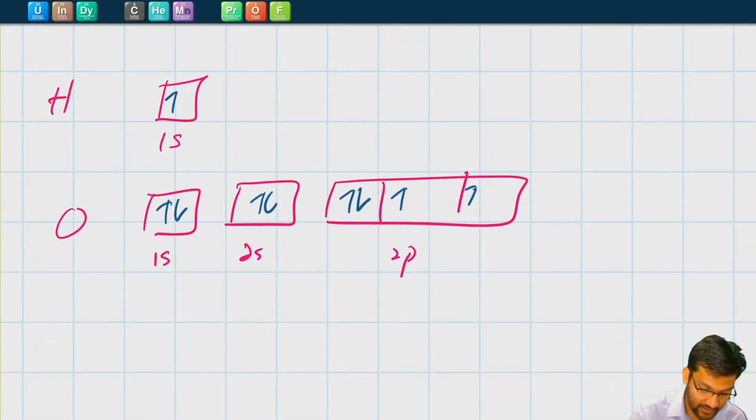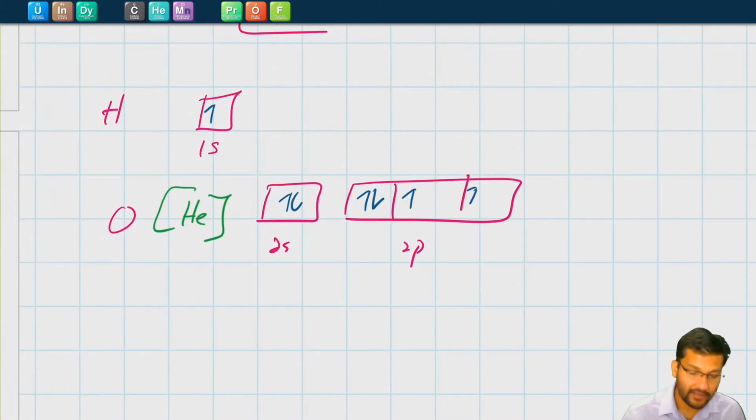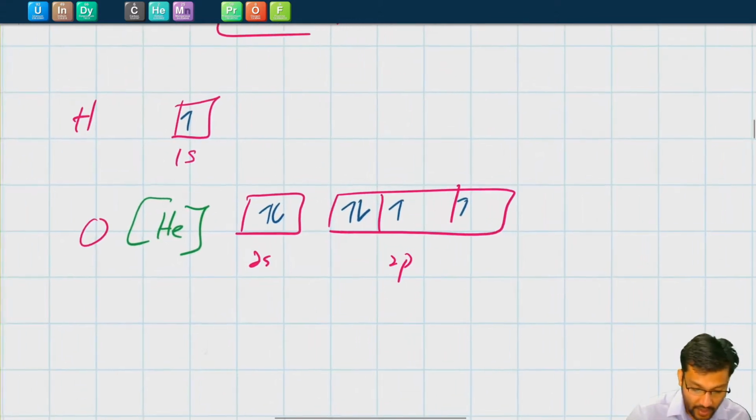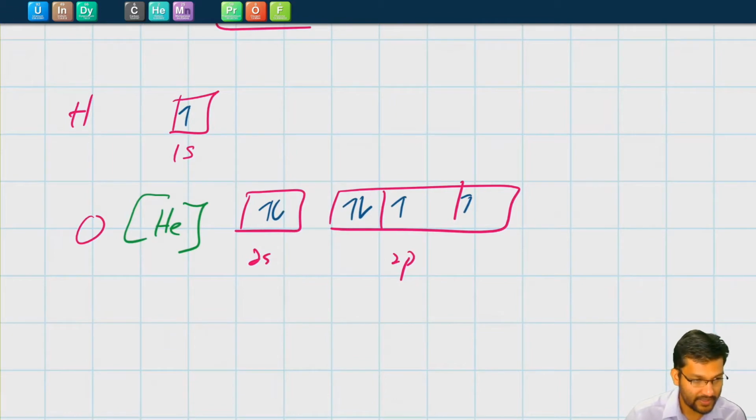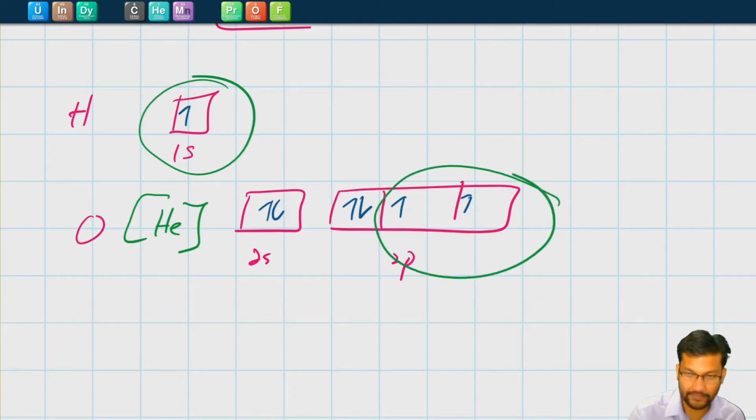Usually we're only focused on the valence electrons, so we can replace the 1s with, for example, just the helium configuration. In valence bond theory, what we're dealing with is basically the overlap of atomic orbitals of hydrogen and oxygen that are half filled.